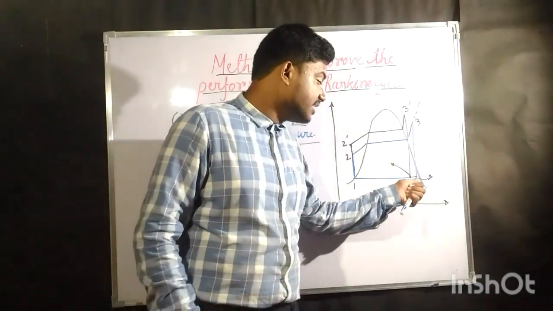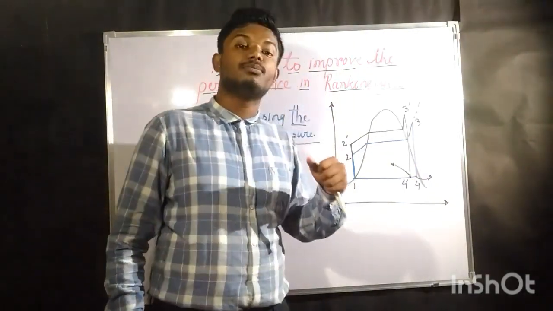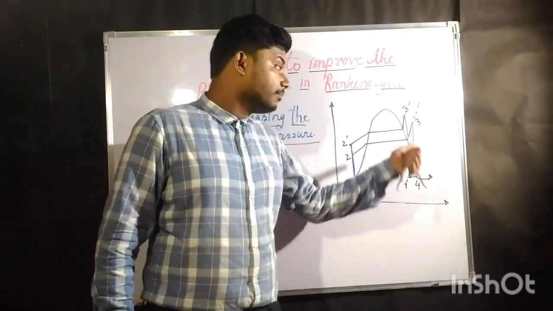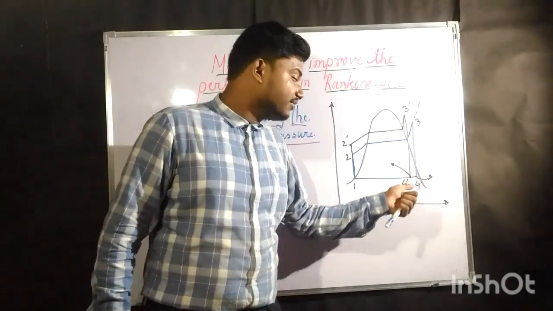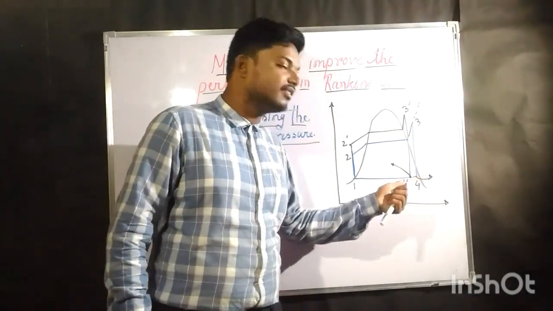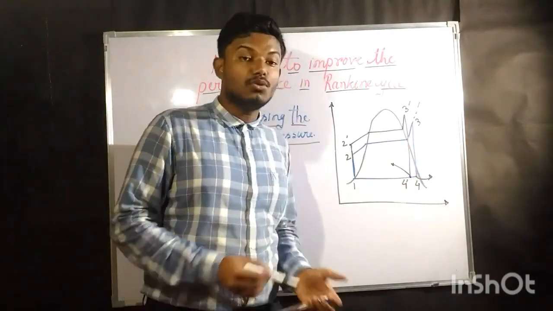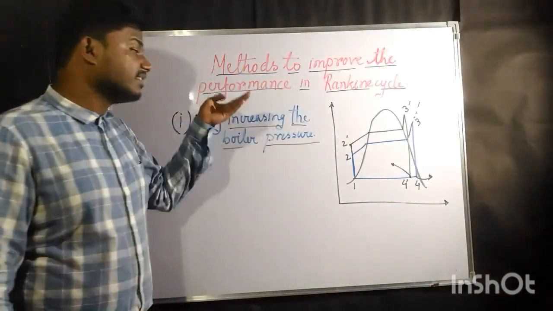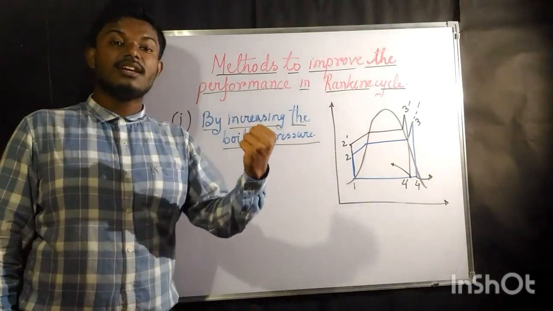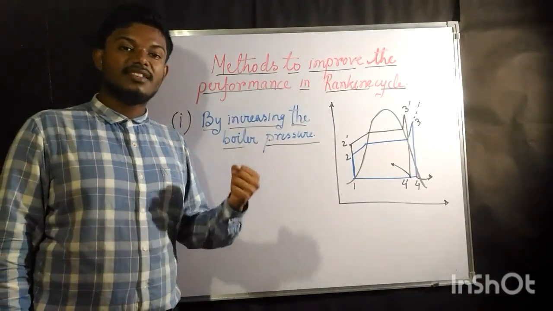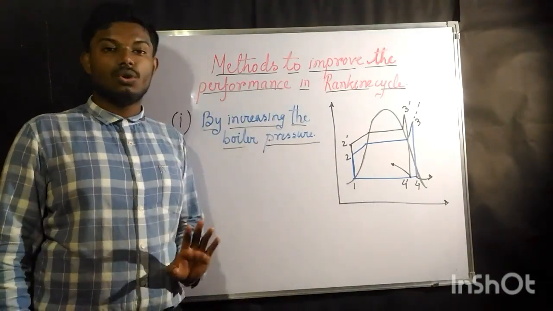So the steam quality at point 4 was better, but now as we are increasing the boiling pressure, the dryness fraction would be lesser than the previous case. So the steam quality after increasing the boiling pressure, whatever we attain after it has come out of the turbine, is definitely going to be lower.